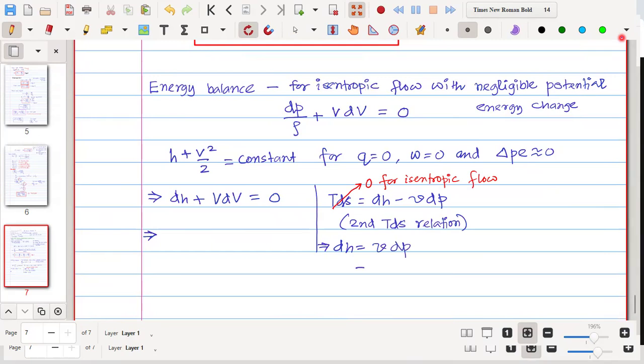Again, we know that v is equal to 1 by rho. Therefore, dP by rho. So therefore, I can write here, it is dP by rho plus V dV is equal to 0.